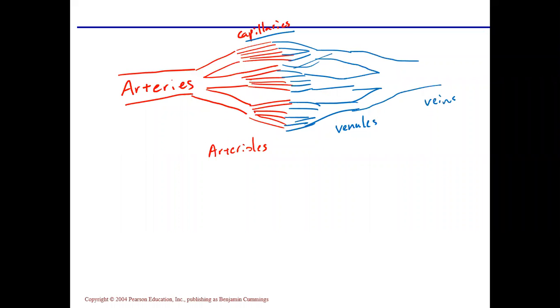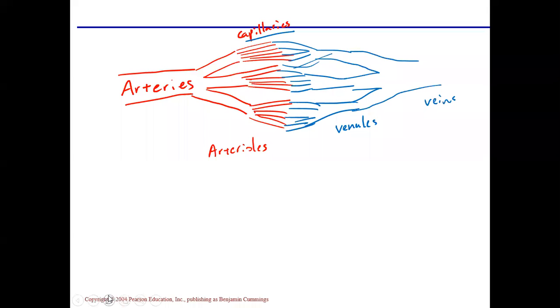Usually, what we wanted to do is take a look at characteristics of arteries. Arterioles are similar to arteries, and characteristics of veins, and venules are similar to the veins, and also the capillary. One of the things that is interesting is the direction.